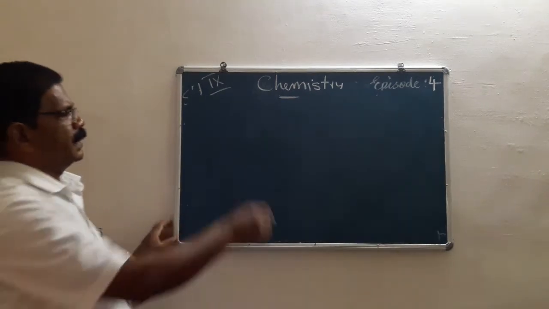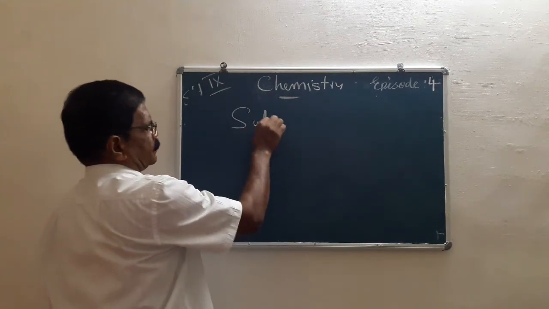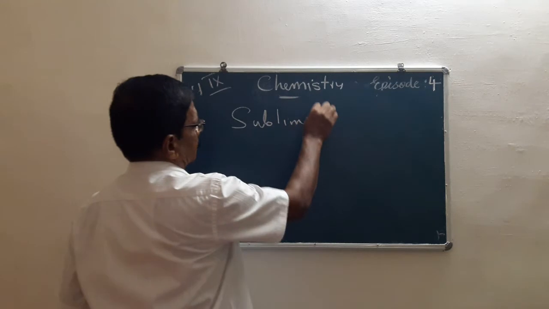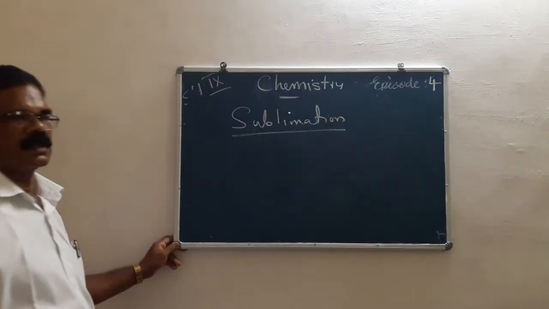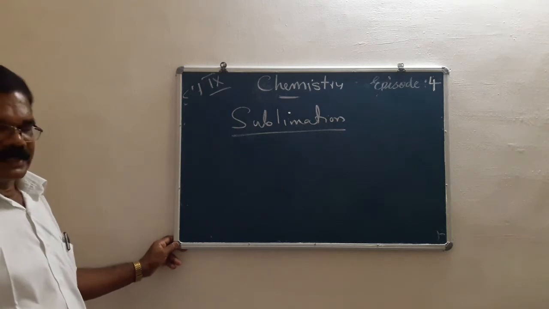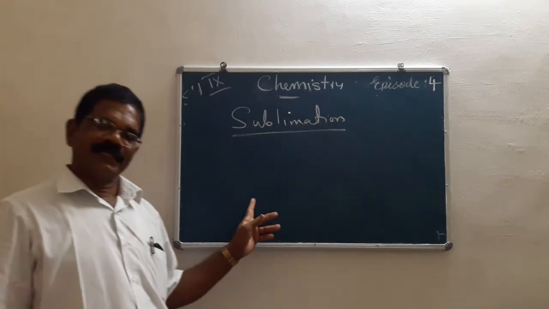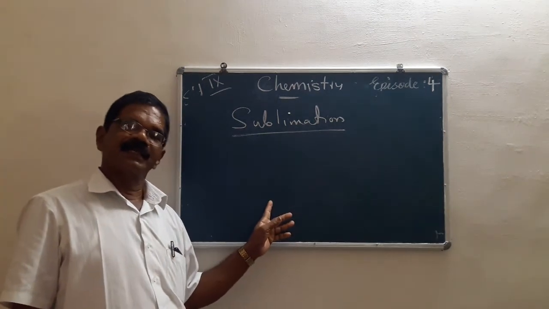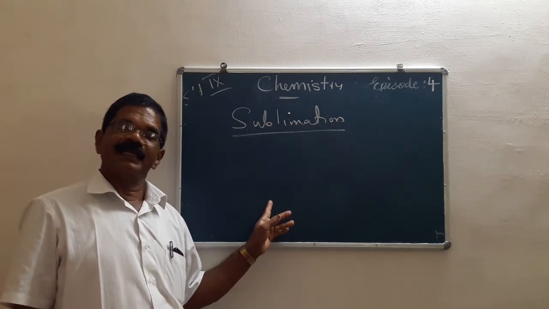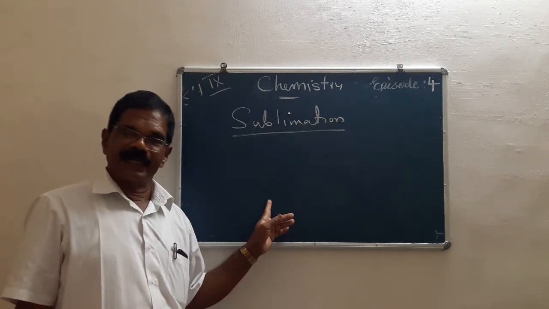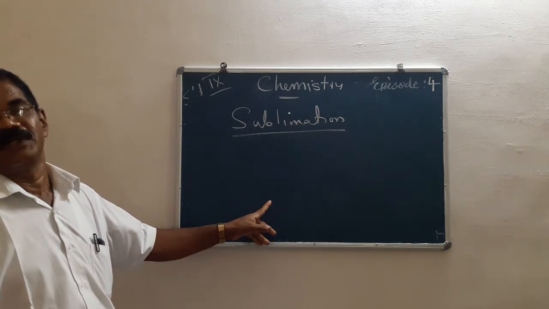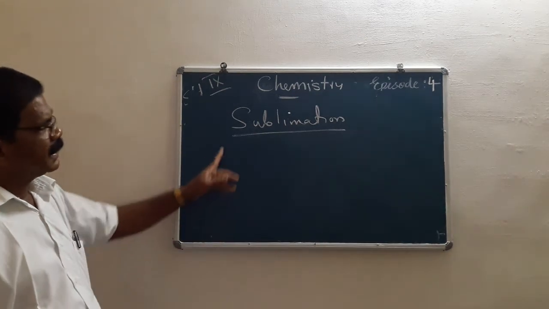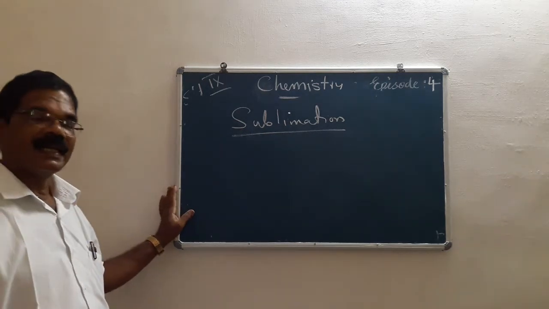Then here is another term named sublimation. What is sublimation? On heating, some solid substances go directly to the gaseous state. They do not undergo a liquid state. This process is known as sublimation.